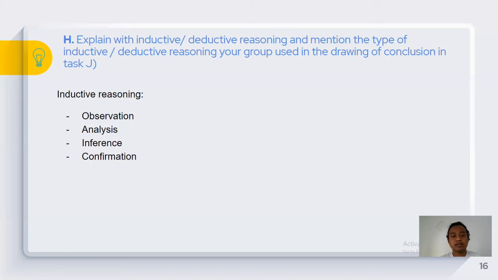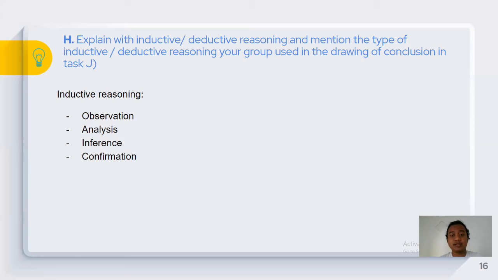In conducting the inductive reasoning, the first thing we do is to observe. In doing the observation, we create a spreadsheet to collect all the data, and then we do the analysis. We do the analysis by calculating the average of the class weight, wake up and sleep hours, and so on, as well as the central tendency and the distribution of the data.